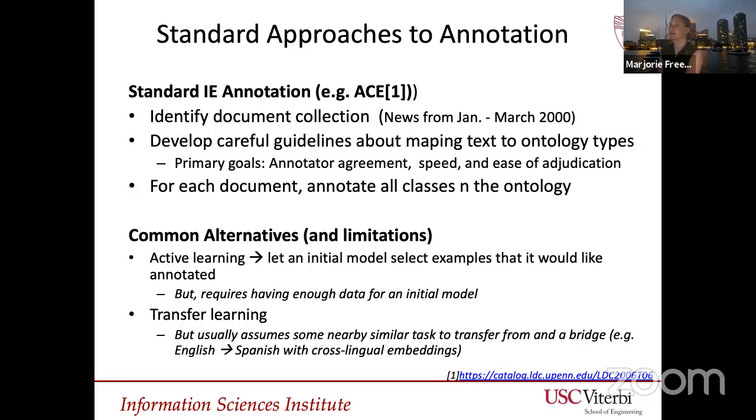Recently, there's been a lot of work on transfer learning, but this usually assumes that you have some nearby similar task to transfer from. And so at least in the spaces that I was working and am working in, we don't have that nearby task for COVID.